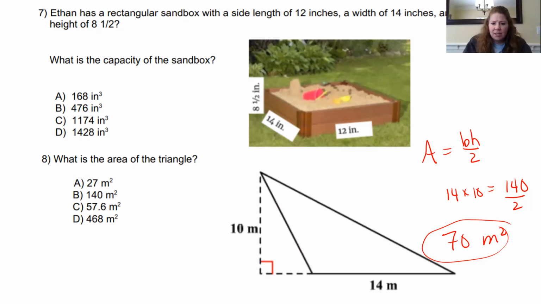Did I mess up? No, I couldn't have, because 14 times 5, yeah, 70. The answers are not given. I think whoever wrote this forgot to divide this number by 2. But the answer is 70. Did y'all notice that the right answer is not given?